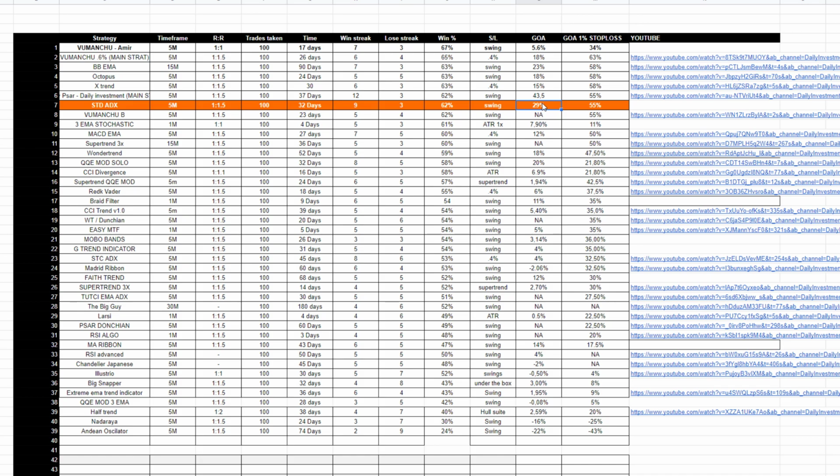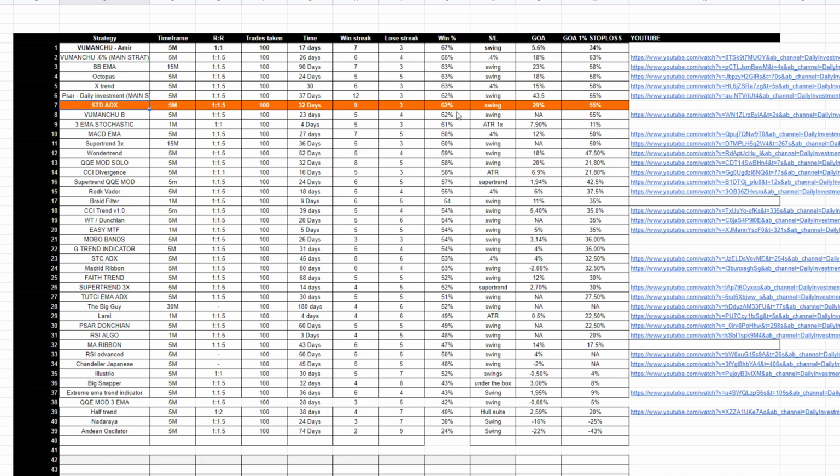For me, that's not high enough, so I would normally increase the stop loss because otherwise the fees will kill you. But still, it has a 29% gain on account. Everything here is without the fees, so keep that in mind. 62% win rate, insanely high win streak, only 32 days. This literally is a really good strategy. It's quite simple.